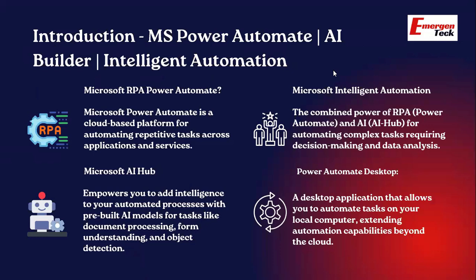So this Power Automate has two platforms. The first one is the desktop platform, and the other one is the cloud platform. Both platforms have their own significance. From the automation point of view, if you want to build end-to-end solutions at the organization level or any department level, we need both the cloud platform and the desktop platform, and within them the capabilities have been integrated.